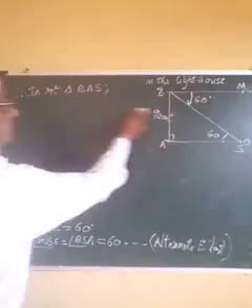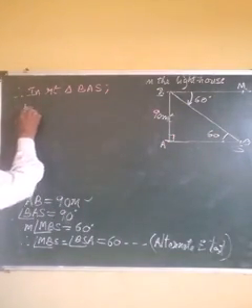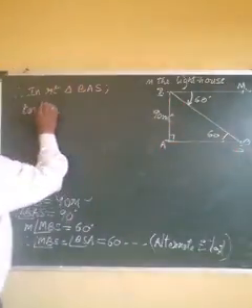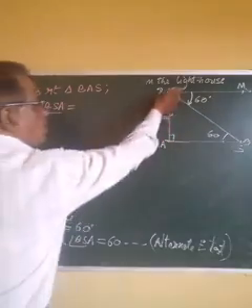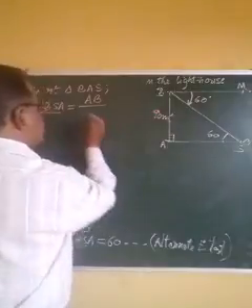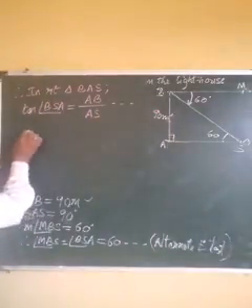So students, in right triangle BAS, tan of angle BSA is equal to opposite side AB upon adjacent side AS. Reason, trigonometrical ratio.